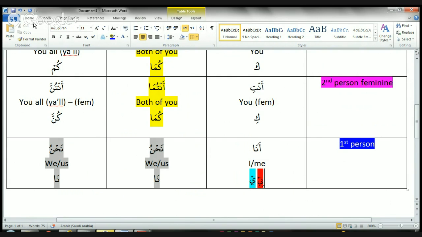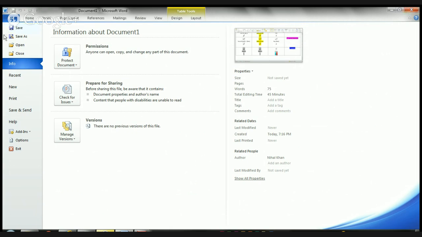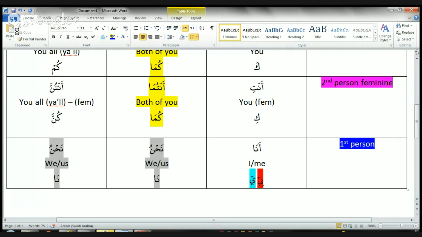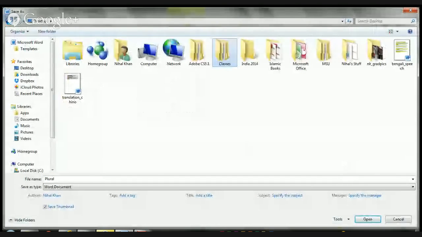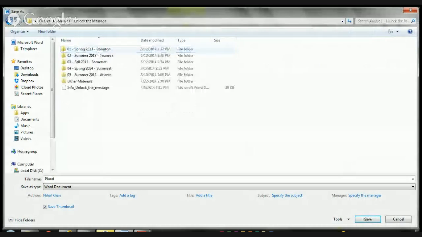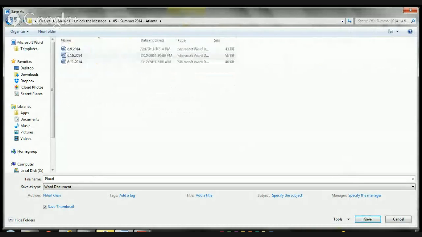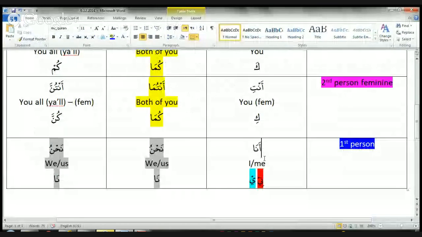Did you go over the problem with 3 on page 63? Nope. We're going to do that today. Today's 6/12, right? Okay.